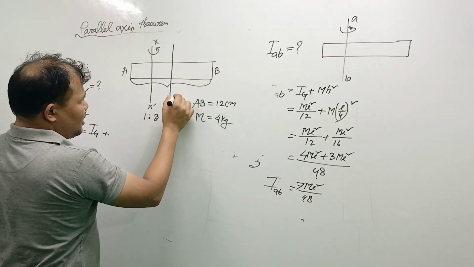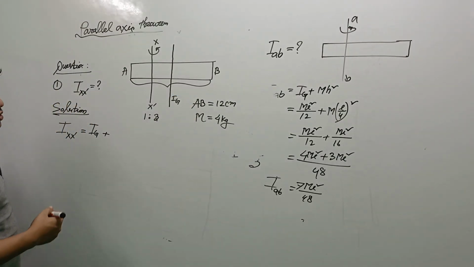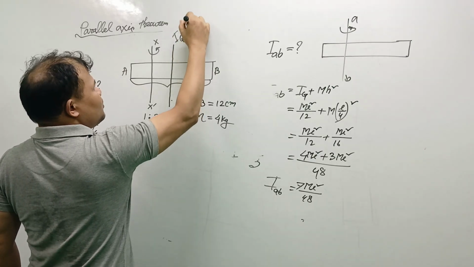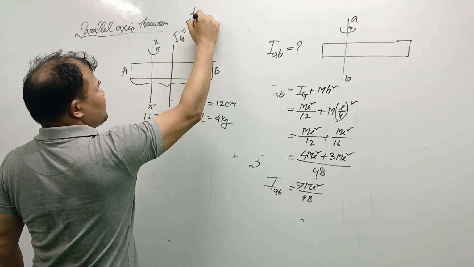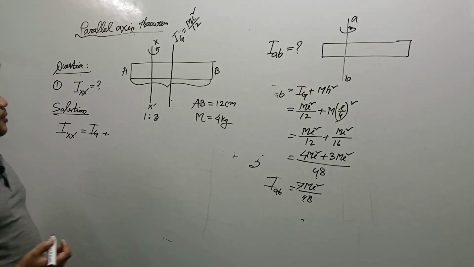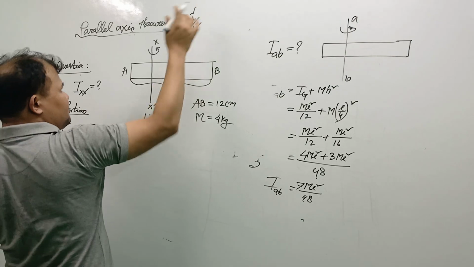Suppose this is the I_Z. Okay, this is I_g. Already we can write the equation of I_g. The equation of I_g will be M L square divided by 12. Already we learned if the rotational axis passes through the midpoint and is perpendicular to the length, then this will be M L square divided by 12.